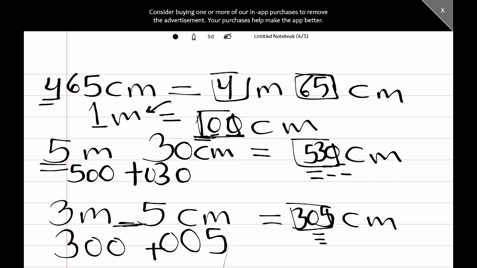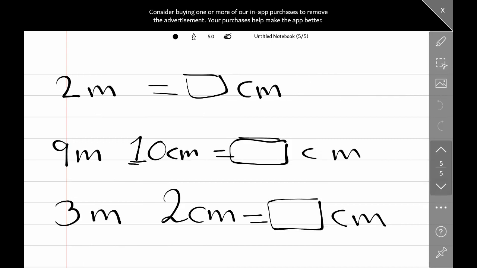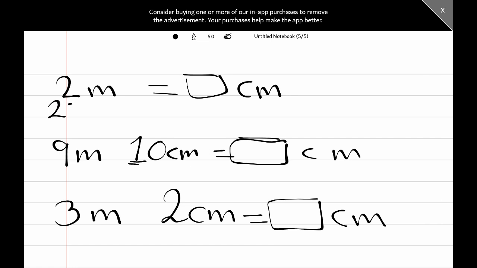Okay. Now 2 meters. How many centimeters? Well, 2 meters equals 200 centimeters, right? Plus how many centimeters here? No centimeters, plus 0. So it is 200. And we took this example in the first lesson. Now 9 meters, 10 centimeters.